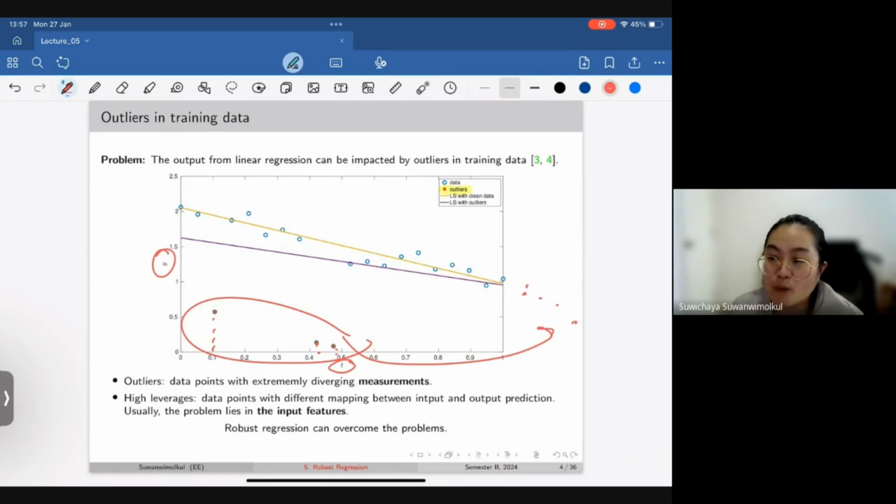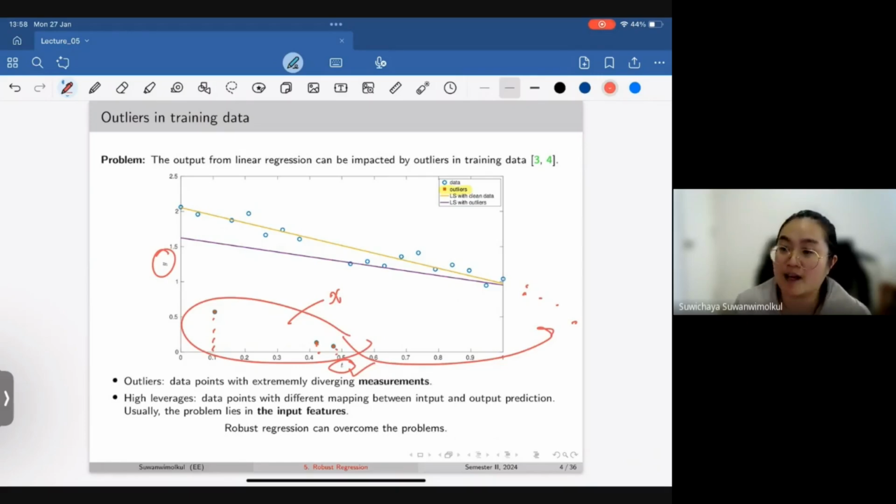So when you have the inaccurate x like this, the inaccuracy, or maybe something that we think could be wrong, may not necessarily just be the value of x, but it could also be the fact that our assumption about the linearity between x and y is wrong as well.